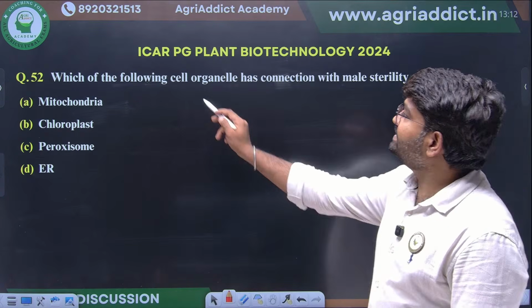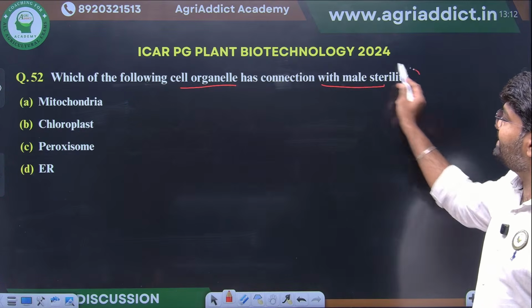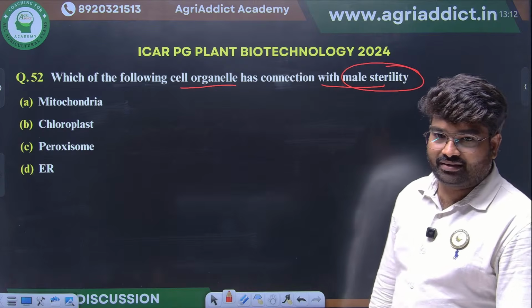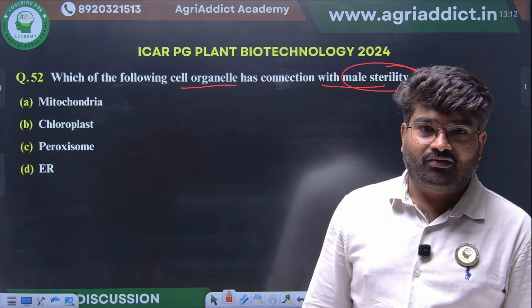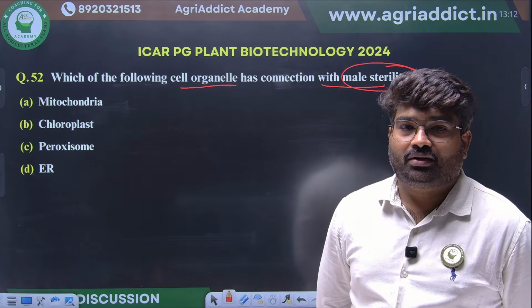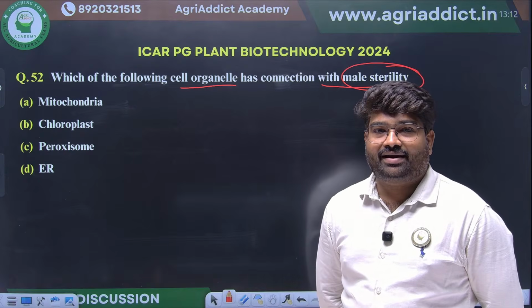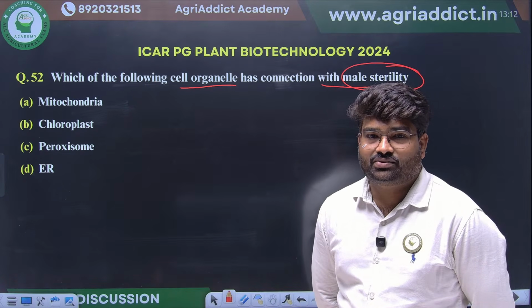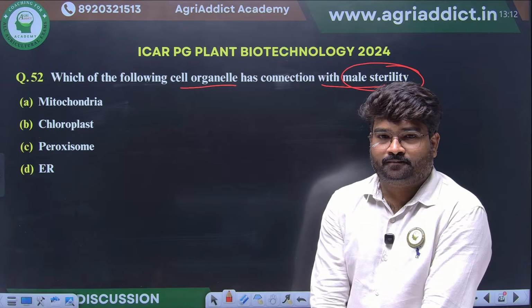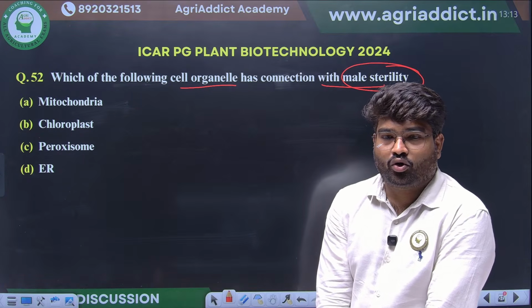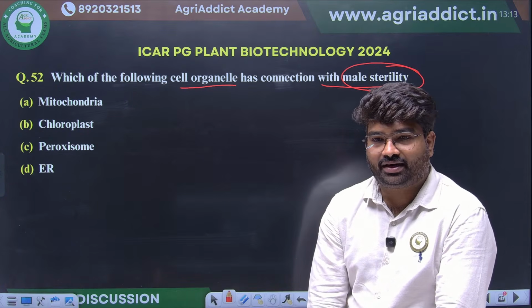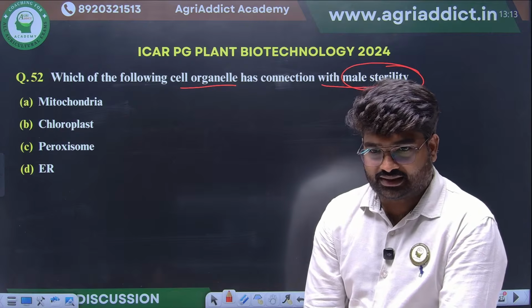Which of the following cell organelles has connection with male sterility? Plant male sterility. Which organelle is connected with male sterility? Any guesses, students? Mitochondria, chloroplast, peroxisome, and endoplasmic reticulum. Yes, chloroplast?